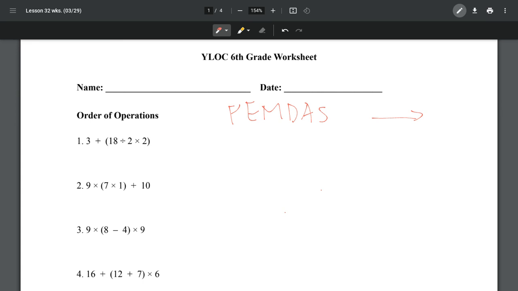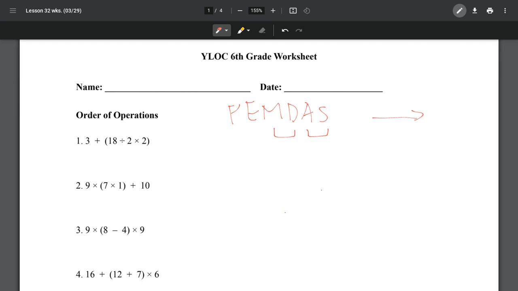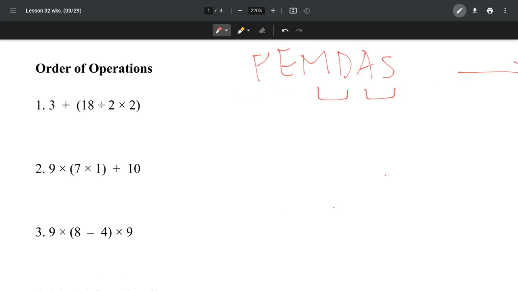And for multiplication and division, and addition and subtraction, it's just whichever one comes first in the order of left to right. Okay, so knowing that, let's look at number 1.